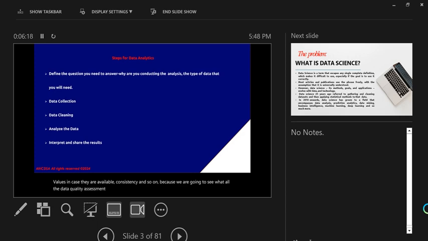Before, when you receive any kind of data, we have very crucial metrics that you need to check before you proceed with the analysis. Those metrics will assist you in what's called data cleaning and other, of course, data pre-processing methods and so on. After the data cleaning, now you go to the analysis of the data.